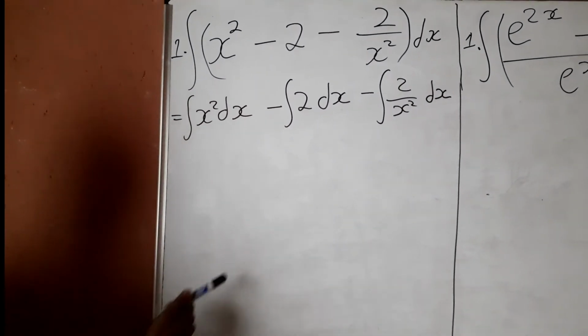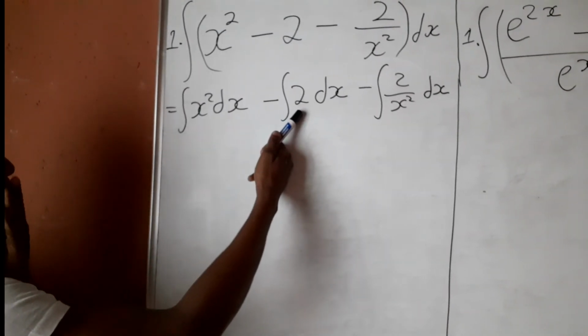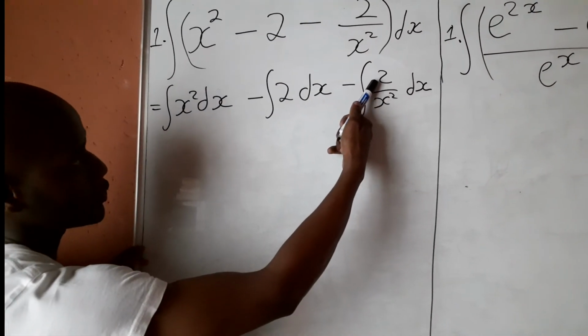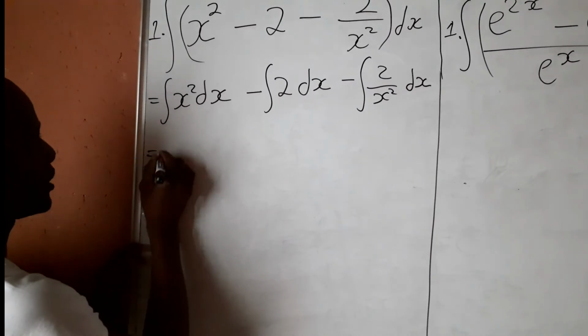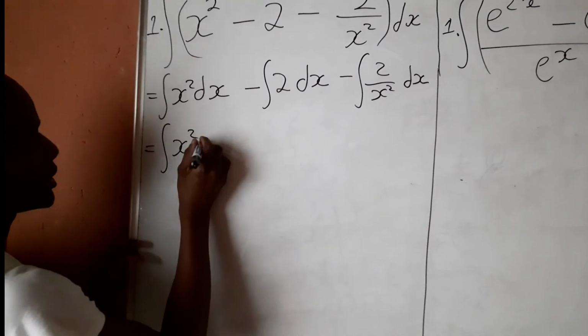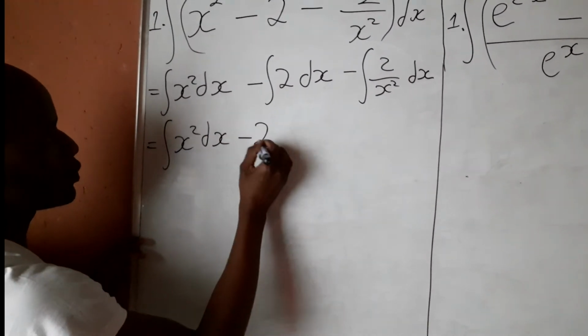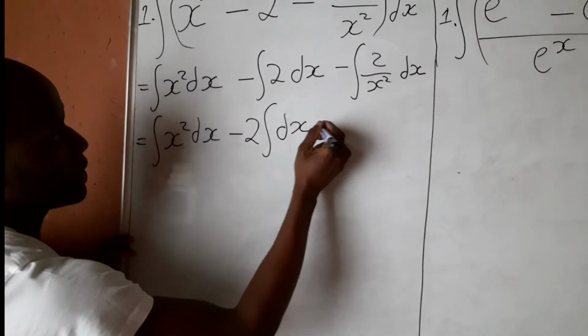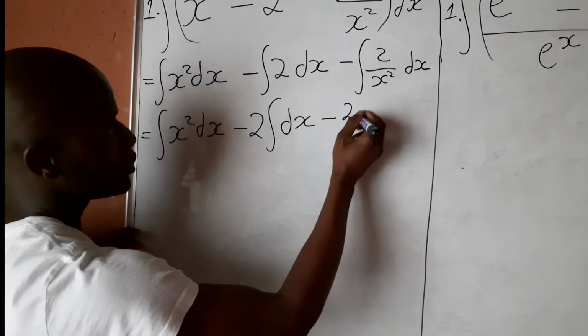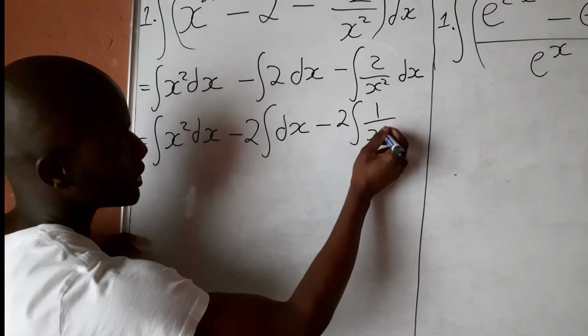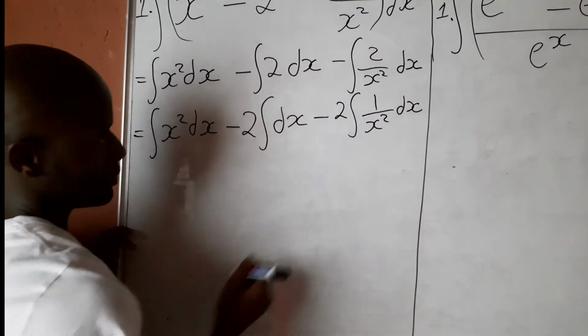So check, we take out 2 as a common factor, and then here we're going to take out 2 again as a common factor. So we're going to have integral x squared dx minus 2 integral dx minus 2 integral 1 over x squared dx.